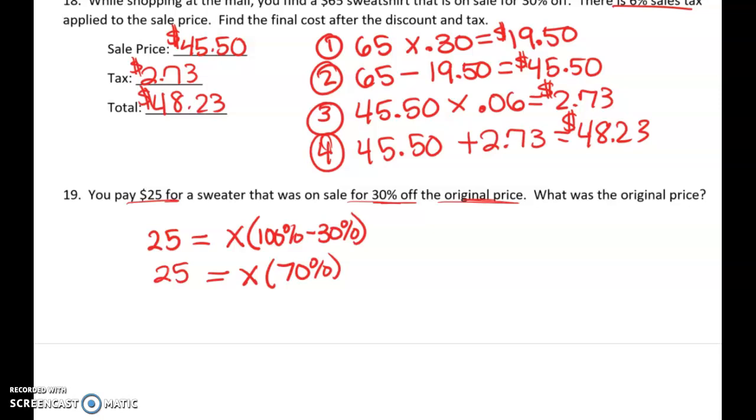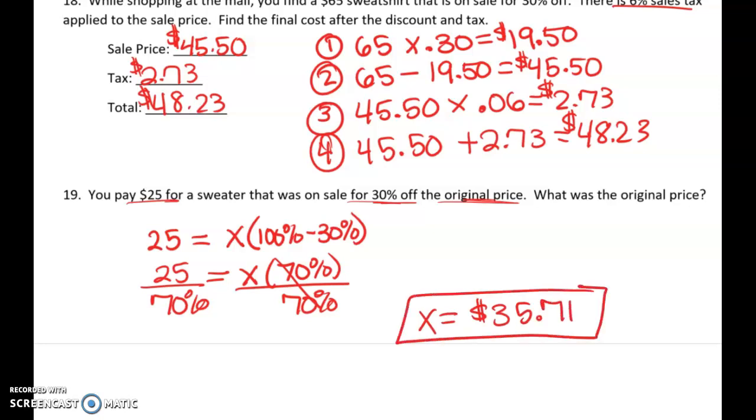So now we said to get X by itself, we're actually dividing by 70% to get X alone. Okay, so in your calculator, you would want to do 25 divided by 70%, or 0.7. So 25 divided by 0.7 gives me $35.71.